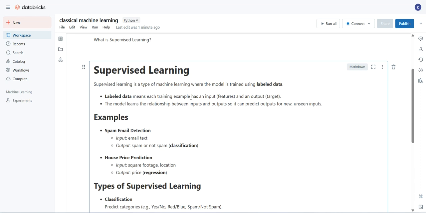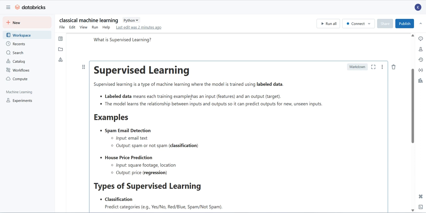Let's suppose the input is an email. If the email contains the word free, we can mark it as spam. So we know the relationship between the input and output. This is spam email detection: the input is the email text, and the output is spam or not spam. So it is classification, because we can classify between two classes. Another example is house price prediction: the input is square footage and location, and the output is the price.